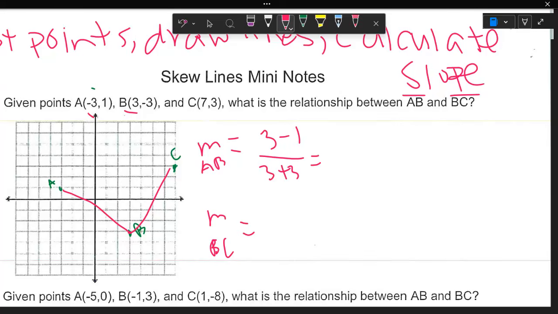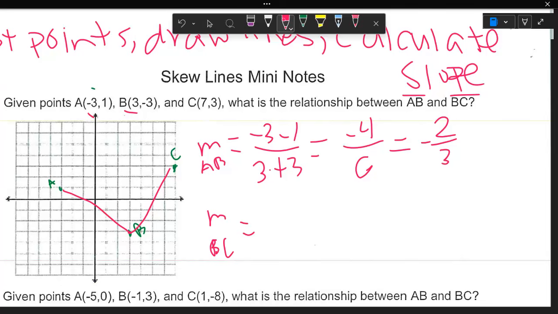So sorry, guys. -3 minus 1 over 3 plus 3. -3 minus 1 is -4. 3 plus 3 is 6. So we end up getting -2/3. Bam. Okay, let's calculate the other one. It says BC.